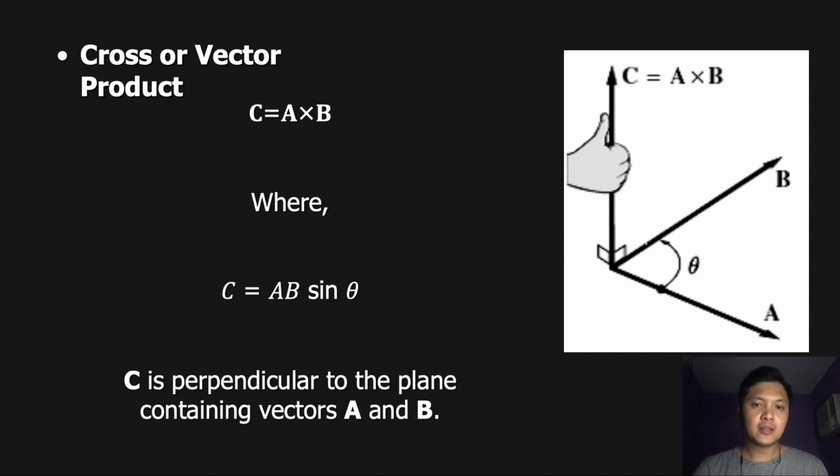Note that C is perpendicular to both A and B. Here we multiply vector A by the component of B that is perpendicular with A, which gives us an answer that is also perpendicular with the two vectors, or the plane containing the A and B vectors.